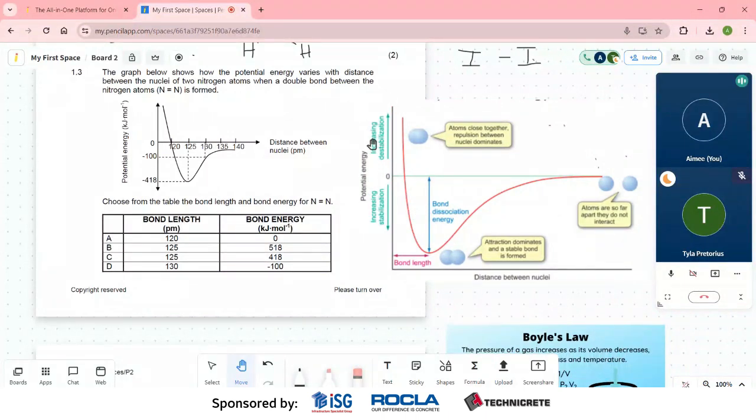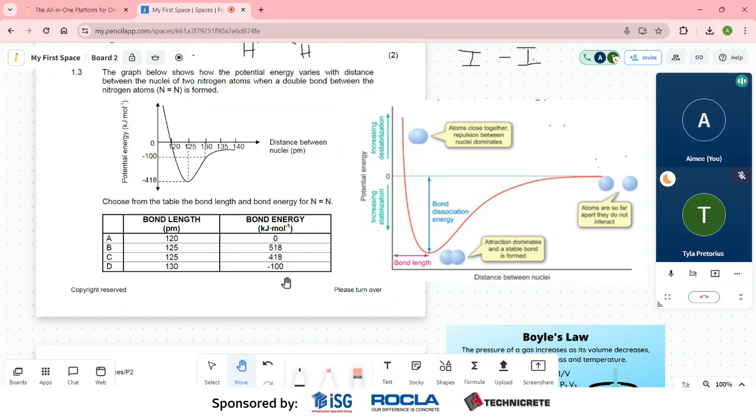It says potential energy, increasing destabilization and increasing stabilization as we go down. So you can see here the atoms are at their closest together and repulsion is the strongest force. And then here at the bottom we have attraction dominates and we have a stable bond formed. Here our atoms are far away and they do not interact with one another. But here we've got our bond length indicated and we've got our bond dissociation energy indicated.